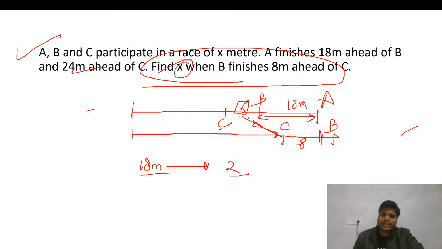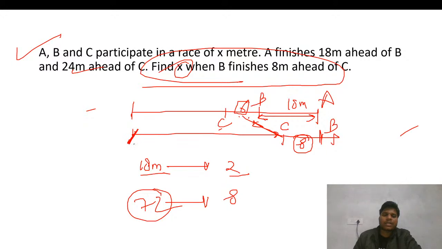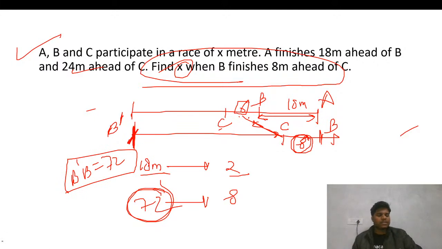For traveling 18 meter by B, the difference between B and C has increased by 2. So finally they have a difference of 8. To make a difference of 8, you need to multiply by 4. So this will be 72 meters. They start together in a race. Everyone starts together. So to create a difference of 8, the distance between B dash and B must have been 72. So 72 is your right answer. X is 72. This type of question has been asked earlier also. So guys, that's it. These are the questions for today.